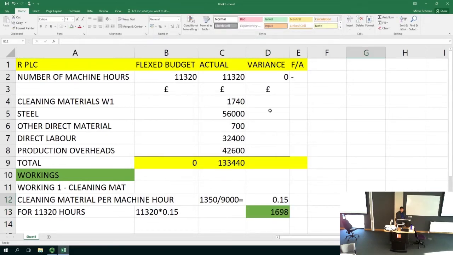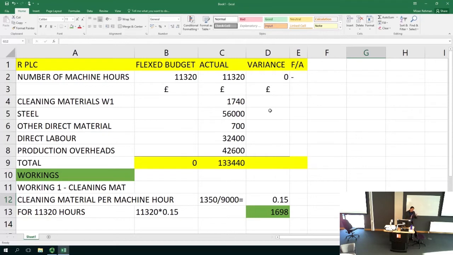This means that when we made the budget, we said for 9,000 hours we are going to spend 1,350 pounds on cleaning materials. So if we revise our budget for 11,320 hours, we would need 1,698 pounds for cleaning material.